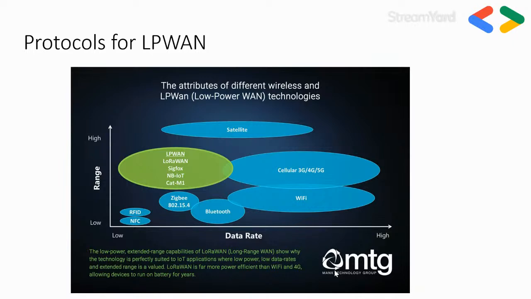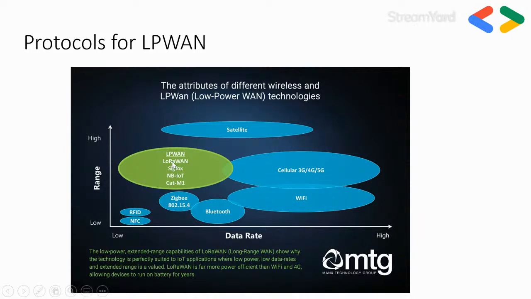For example, if we want to achieve high range, because our sensors are scattered all over the place, then we have to deal with low data rate communication. Usually all IoT devices agree that they need low power. So we either do a short range with a high data rate or a high range with a low data rate.